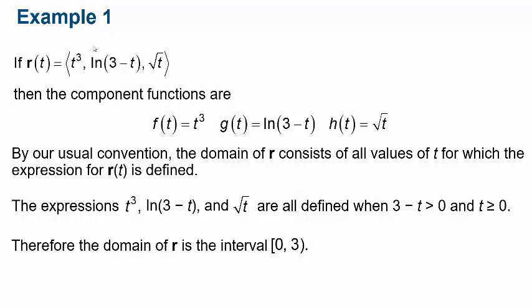So the domain is all values for which 3 minus t is greater than 0, and also t is greater than or equal to 0. So moving the t over, you get t has to be less than 3, but at the same time greater than or equal to 0. So the domain of this vector valued function is all numbers from 0 inclusive to 3.